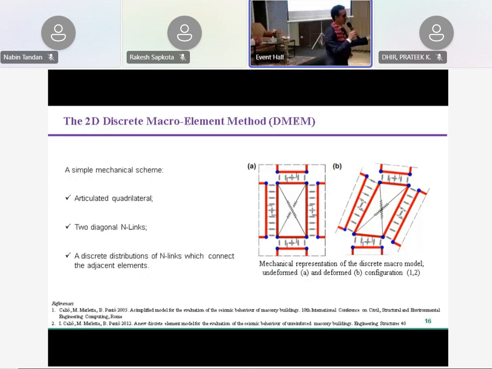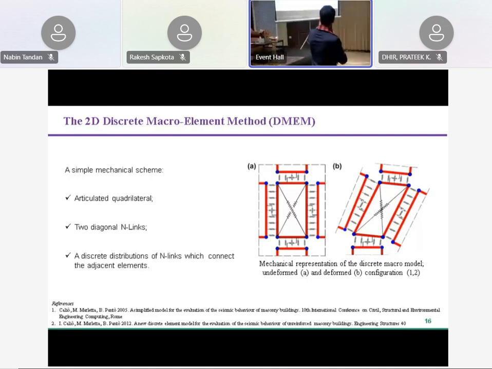This is also why the model is called the discrete model. And these links, along with the edges of the element, have to regulate the axial behavior of the masonry, plus eventually the sliding between the two elements. Next, please.